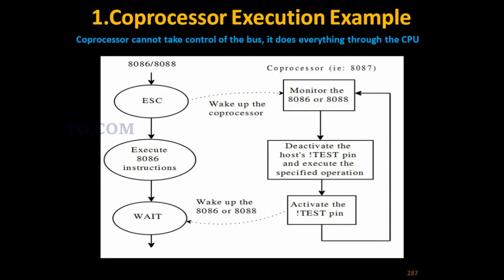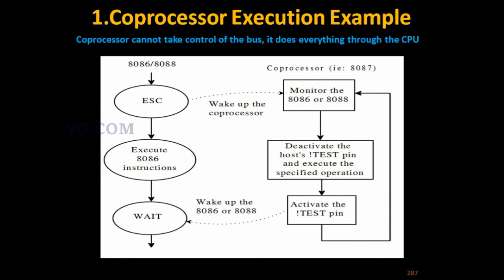The escape instruction indicates that the instruction is a coprocessor instruction. So when 8086 finds the escape instruction, it immediately wakes up the coprocessor. Then the coprocessor monitors the 8086 instruction, deactivates the host test pin and executes the specified operation.